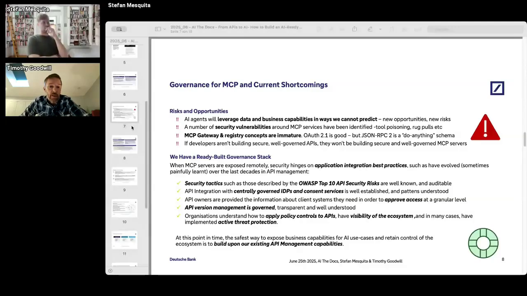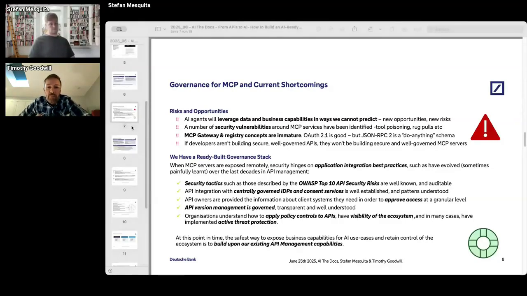The thing is, though, we have a ready-built governance stack for REST. For instance, we understand the OWASP top 10 security risks. It's well governed, maintained, well known, and auditable. We know how to implement the security tactics. We know how to integrate with IDPs and consent services. We understand security patterns.